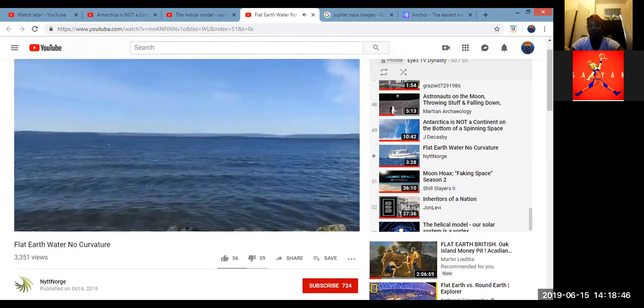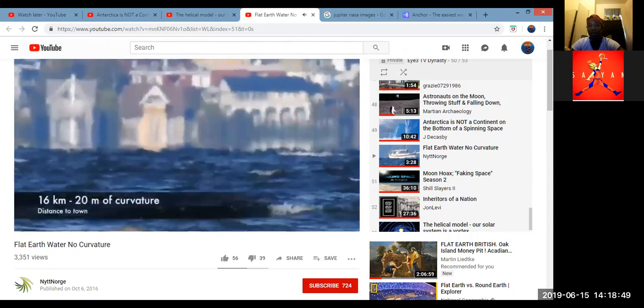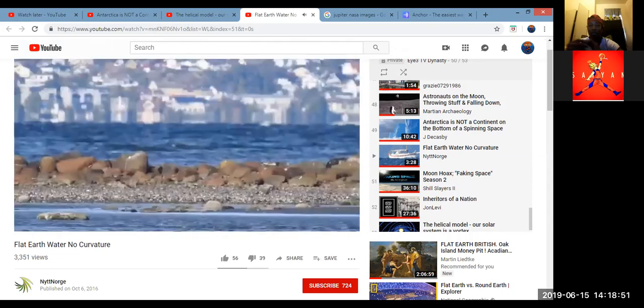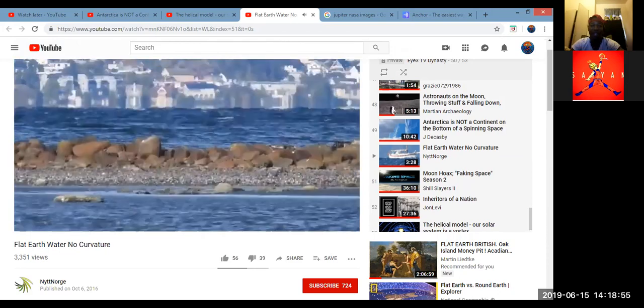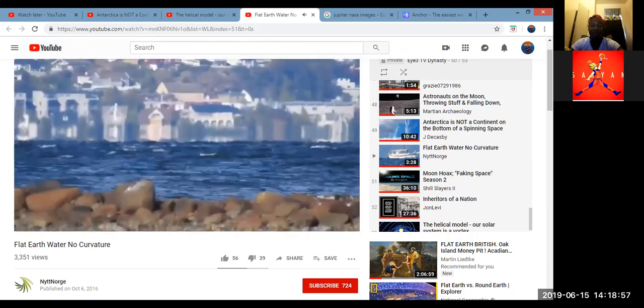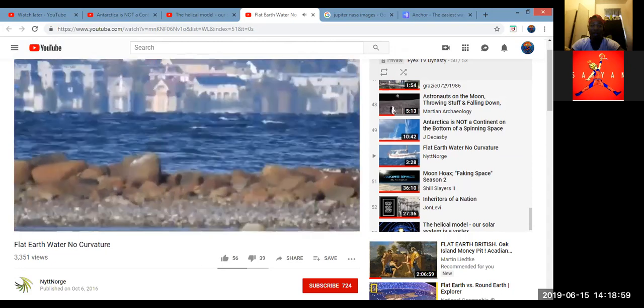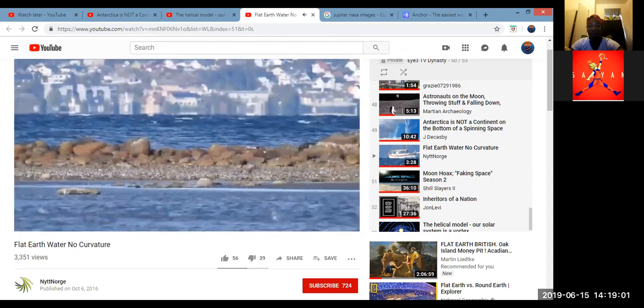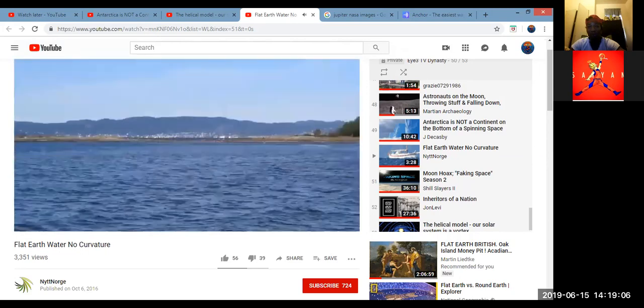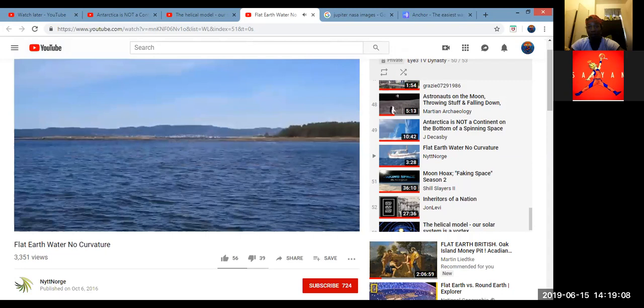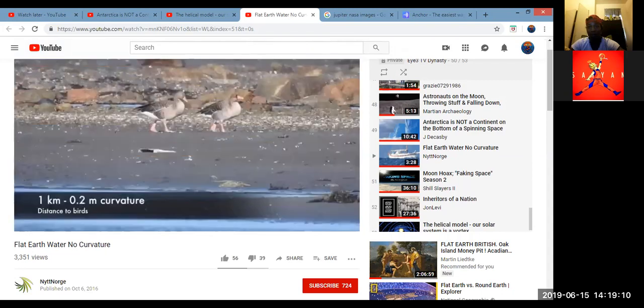And across there, this town should be behind 20 meters of curvature, 16 kilometers. Again, it looks like it's 60 feet of curvature. That's supposed to be because the water right there made them closer and possibly also higher than the water close by. It's supposed to be 60 feet of curve, but look at this. 1 kilometer.